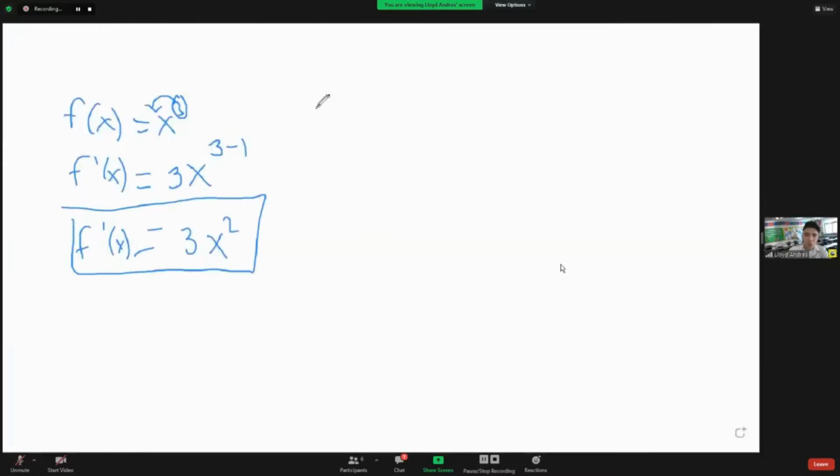How do we solve for g prime of x? Using the power rule, we need to make it in exponent form.